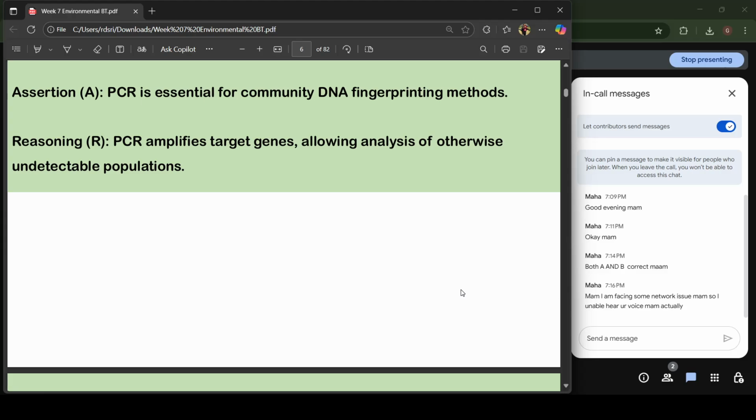Whichever population we cannot detect using the culture dependent method, we can multiply the DNA and then go for culture independent identification techniques. So here both the assertion and the reason are true, and the reason rightly explains the assertion.